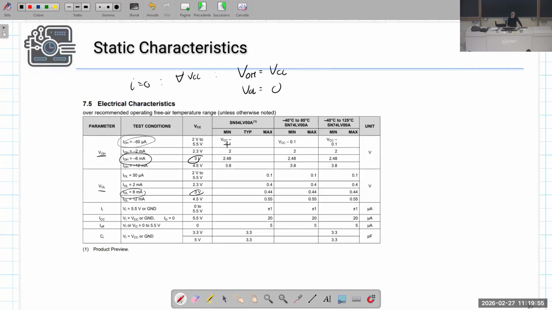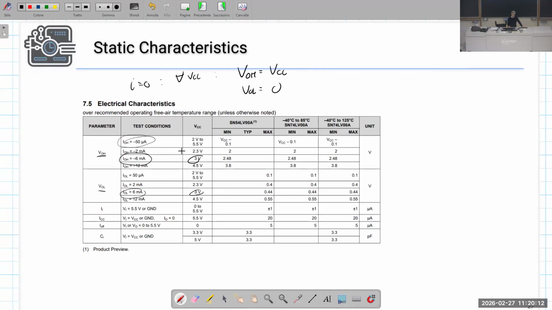That justifies why I have not taken 1.9 volts at the high level and 0.1 at the low level, but I have taken 2 volts and 0 volts.